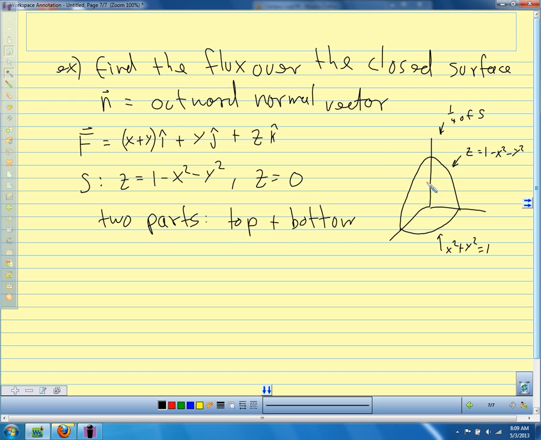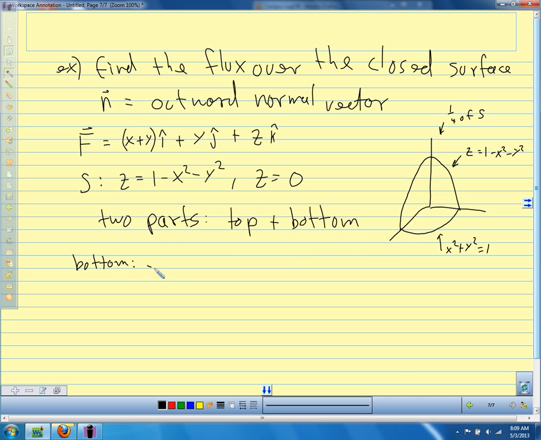So we want to figure out how much of this field is flowing out of the surface here and out of the bottom here. So let's look at the bottom first. What would be the outward unit normal vector on the bottom of this surface? Negative k hat.